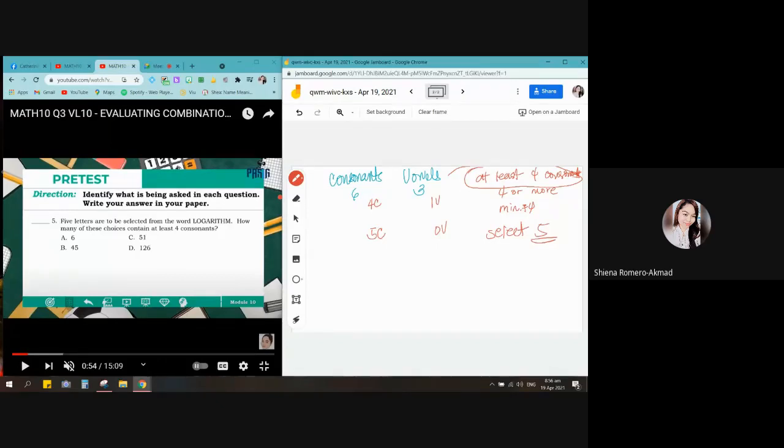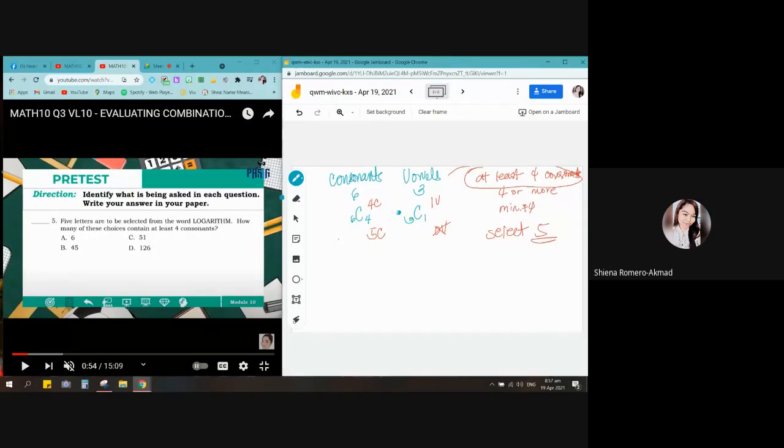Good. So, if that's the case, what will be our answer here? Let's remove this. No vowels were included. Okay? So, we'll have the combination of 6 taken 4 at a time times the combination of 3 taken 1.